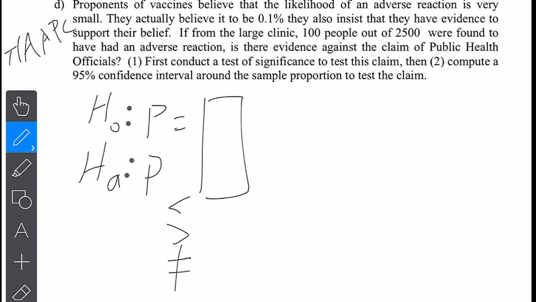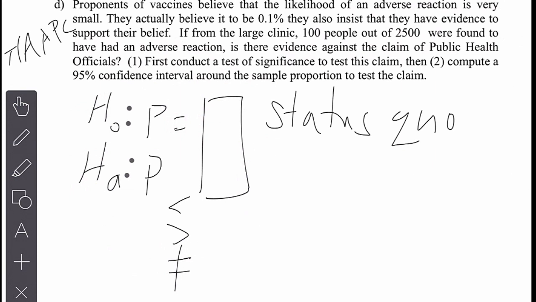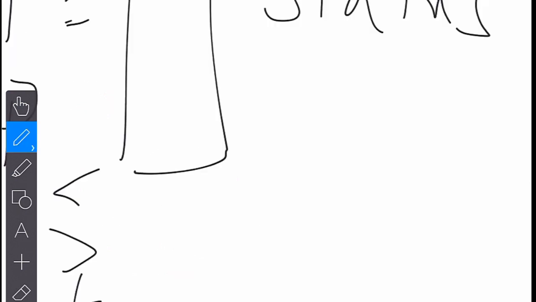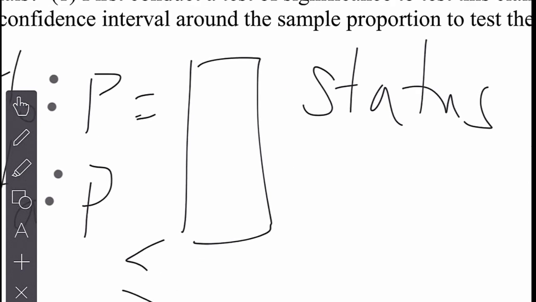So the status quo. What is the status quo? What is the current belief? What is the belief in this case of the public health officials? That the proportion is actually 0.001 is their belief. So that number goes here, 0.001, and it also goes here, 0.001.